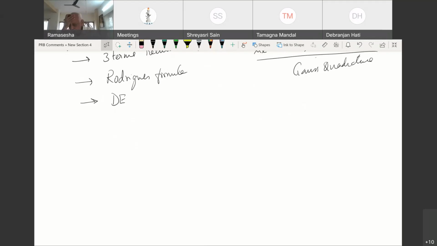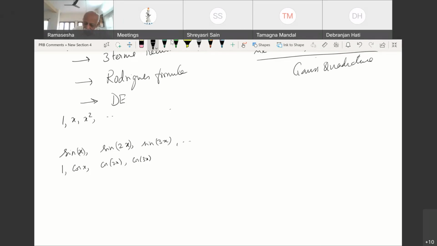Now let me discuss something slightly different. So far we used polynomials. But 1, cos x, cos 2x, cos 3x, etc. are also orthogonal for the interval 0 to 2 pi, right?